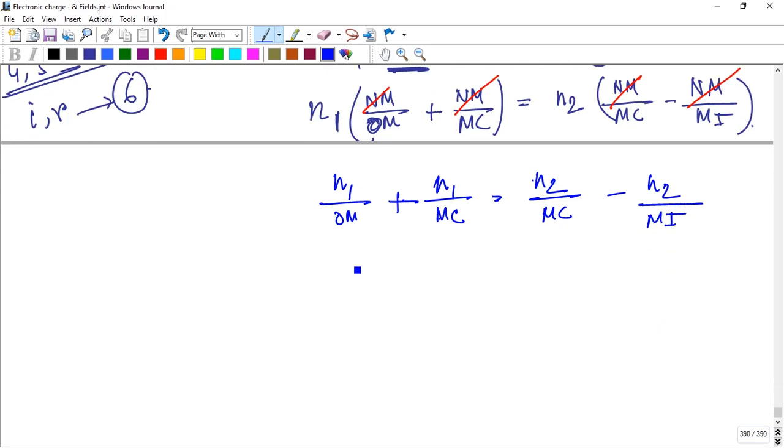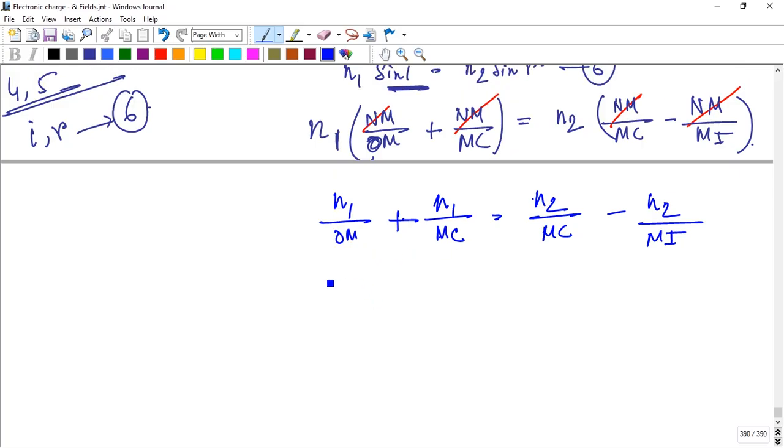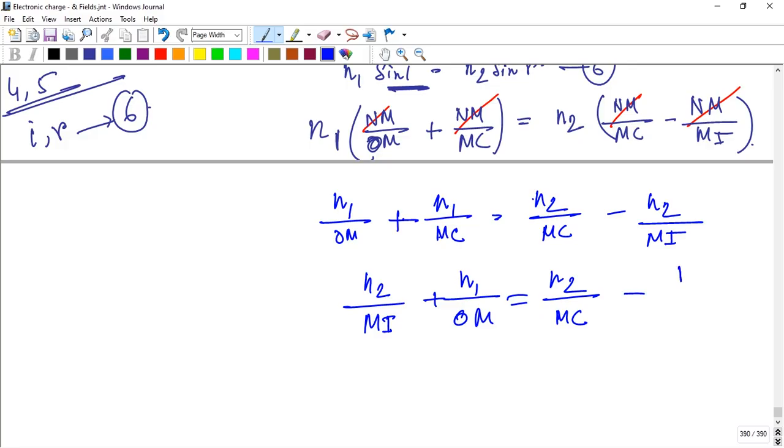Now see that N2 by MI goes from the right side to the left, and N1 by OM stays, and N2 by MC minus N1 by MC.